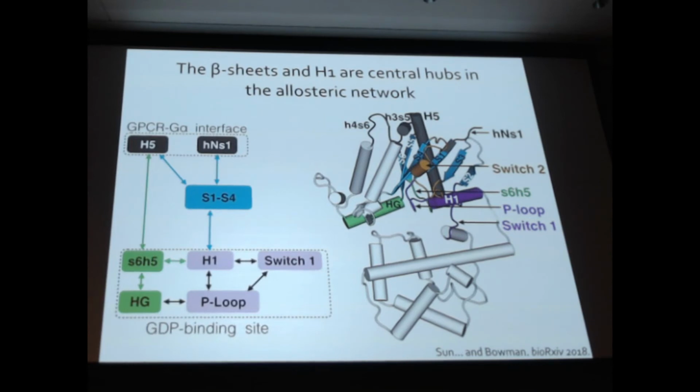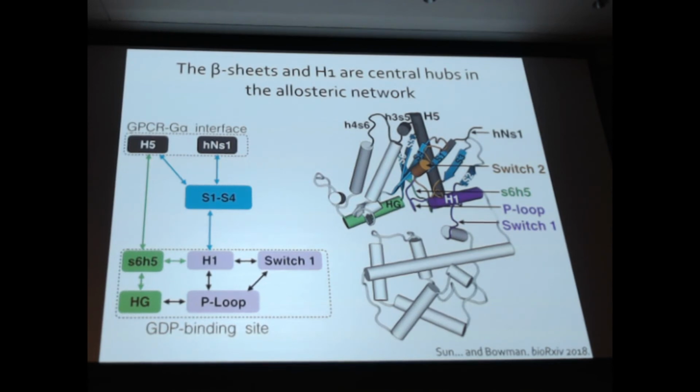And the network that we found is really interesting because there's definitely a strong component that's due to the aspects people have focused on, like helix 5 communicating with helix 1 and the guys in pink here that directly interact with nucleotide. But there's also a really important role for some of the beta sheets, for example.